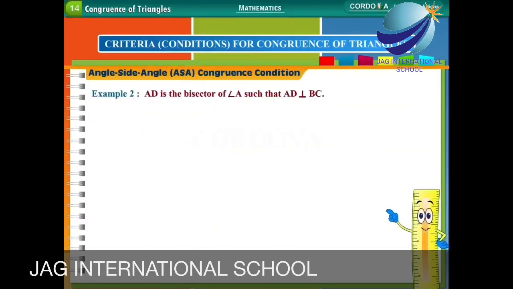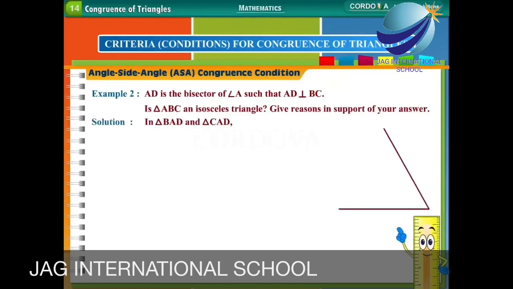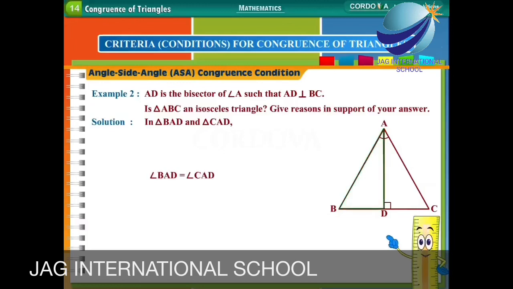Example 2. AD is the bisector of angle A such that AD is perpendicular to BC. Is triangle ABC an isosceles triangle? Give reasons in support of your answer. Solution: in triangle BAD and triangle CAD, angle BAD is equal to angle CAD, AD is bisector of angle A. AD is common.